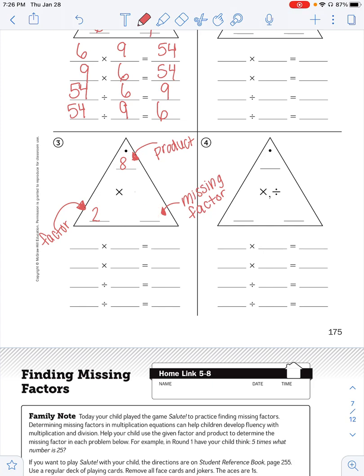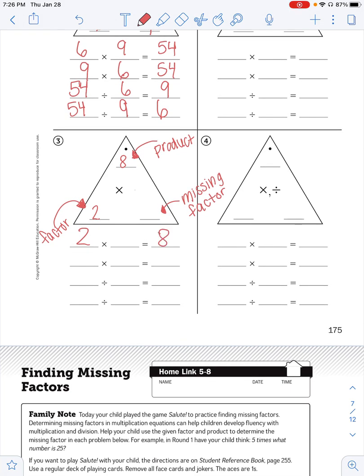Okay, so you have to think, what times 2, or 2 times what, equals 8? 2 times what equals 8? The missing factor in this case would be 4, because I know that 2 times 4 equals 8.